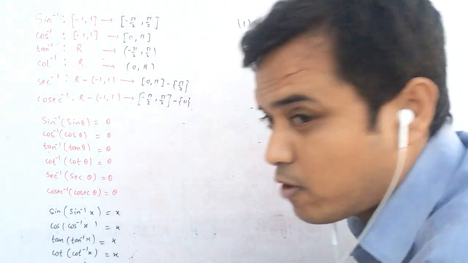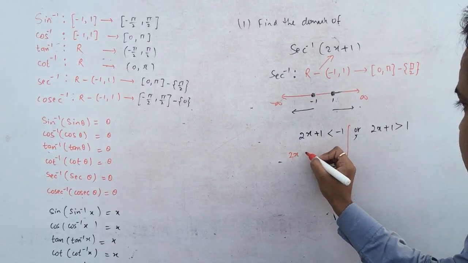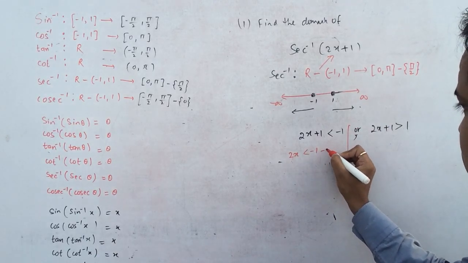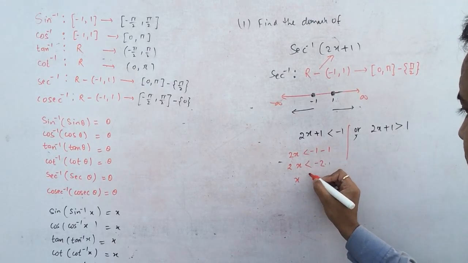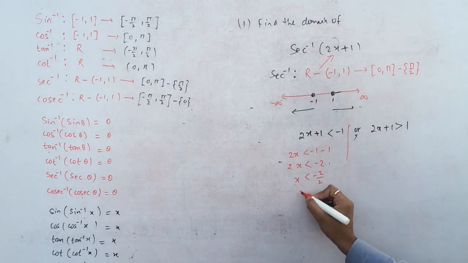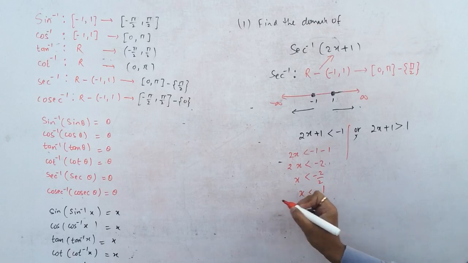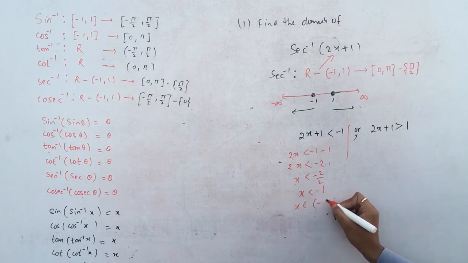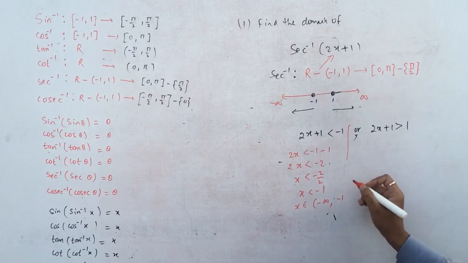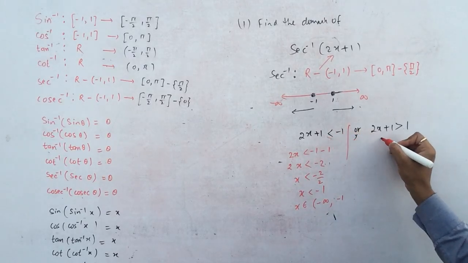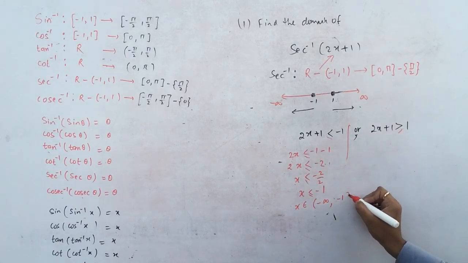Now solve it separately. Here 2x plus 1 is less than or equal to -1, so 2x is less than or equal to -2, and x is less than or equal to -2 by 2, which is -1. So x belongs to minus infinity to -1, closed interval.